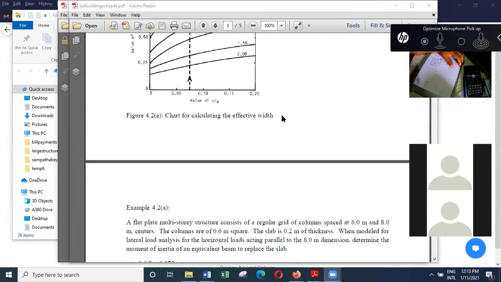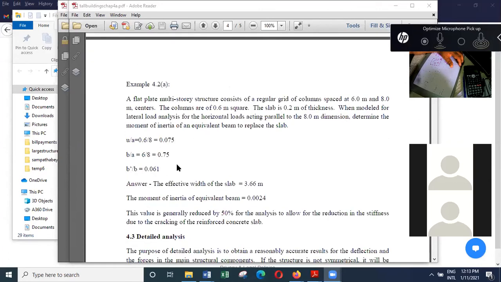I have given one example also of how to find the width of the equivalent slab, but that is applicable only for flat slabs. But if you are modeling a structure with beam slab construction, then you get mainly the columns, beams, and slabs. If you want, you can represent the slabs.